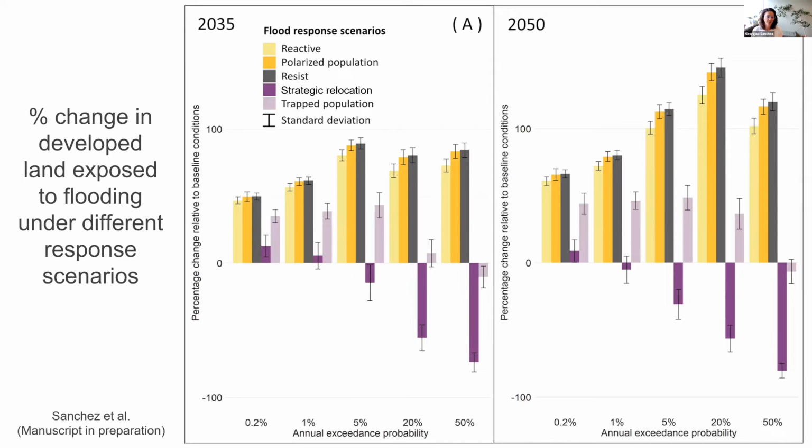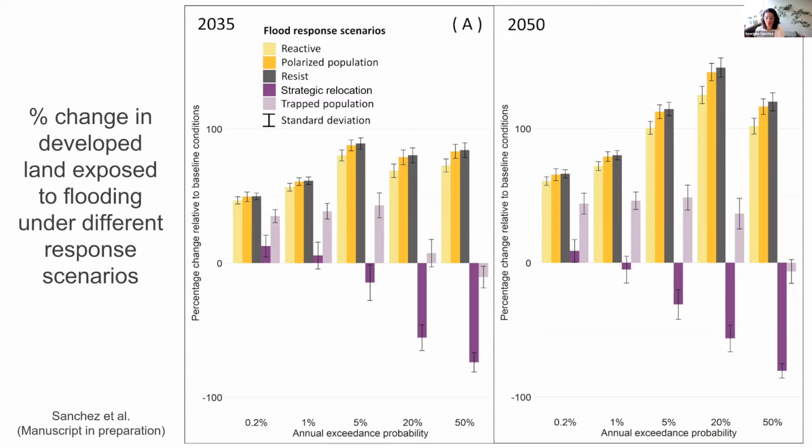You can see that I have included the reactive, resist, and strategic relocation that we talked about. But what I really want to do here is to demonstrate the application and the power of scenario analysis. So this graph shows the percentage change in total developed land exposed to flooding. And these are estimates relative to current conditions.